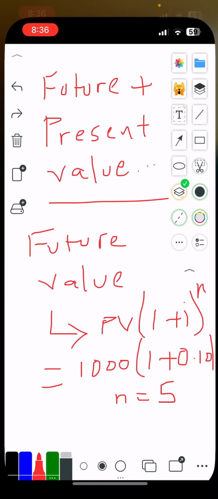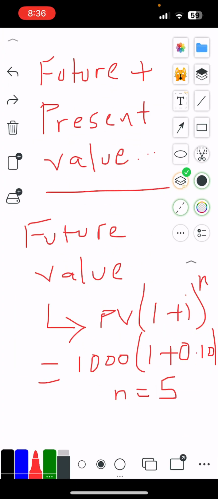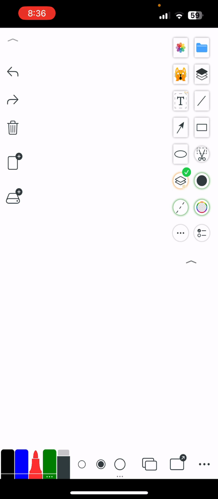Now apart from future value, you also have your present value. So let's say, for example, if you need $10,000 for future expenses, let's say you need to invest in machinery, equipment, inventory, land, building, what have you.